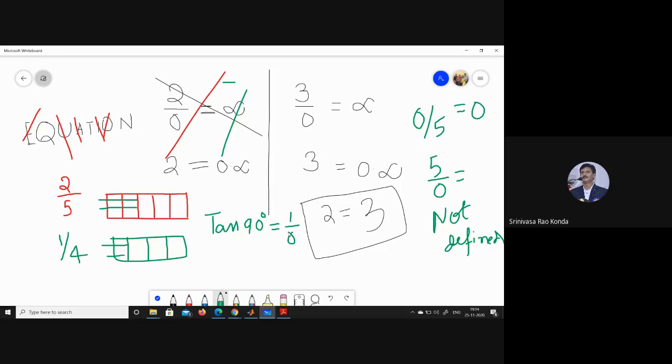It is undefined. That's why we say the slope of the y-axis is not defined. The slope of a line parallel to the y-axis is not defined. We are not saying infinity.